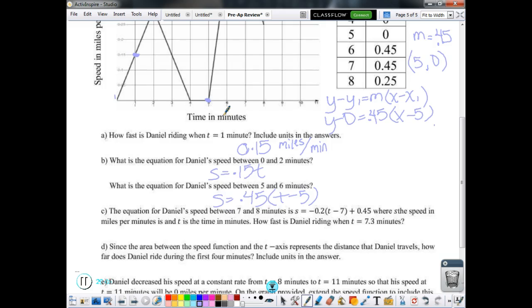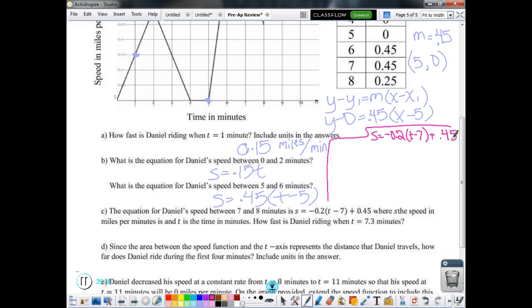So what do I have to do? Plug into the equation they give you. So s equals negative 0.2 t minus 7 plus 0.45, right?